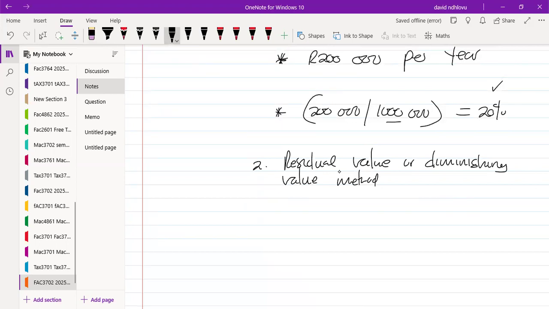The formula for this one is very simple. It is your carrying amount at the beginning of the year multiplied by the rate. Using the same example as above.